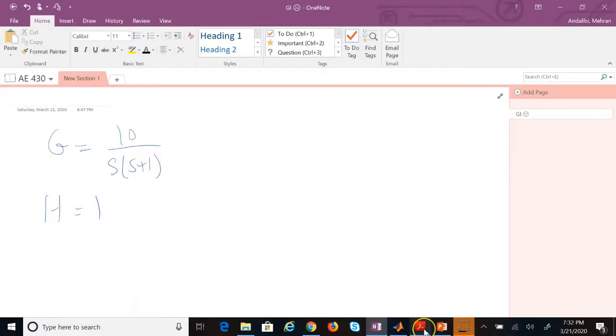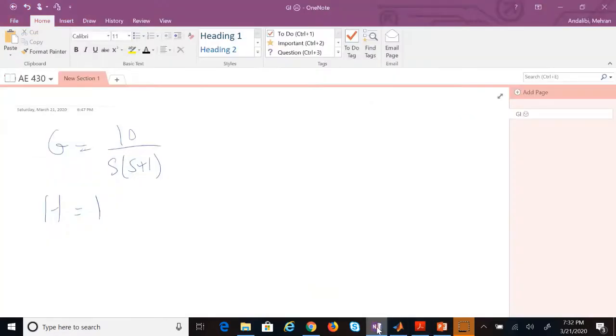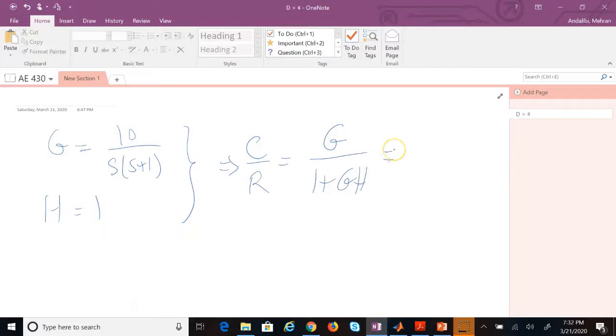In this case, there is C and R. So C over R from here is going to be what? It is going to be G over 1 plus GH. And if we plug in this, 10 over s times s plus 1, over 1 plus 1 times the same thing.